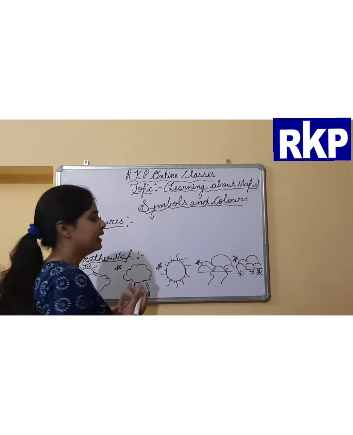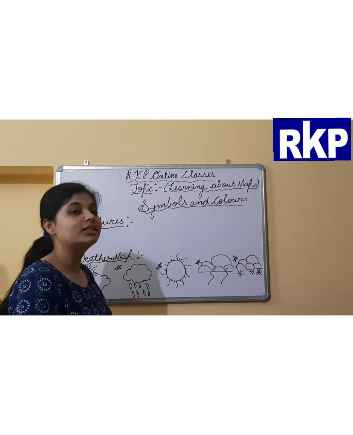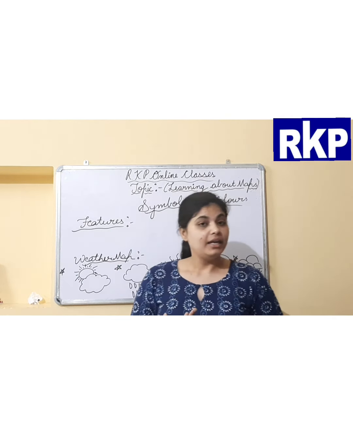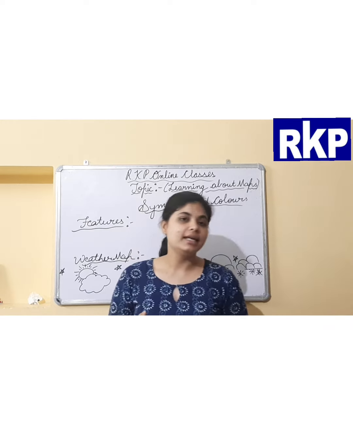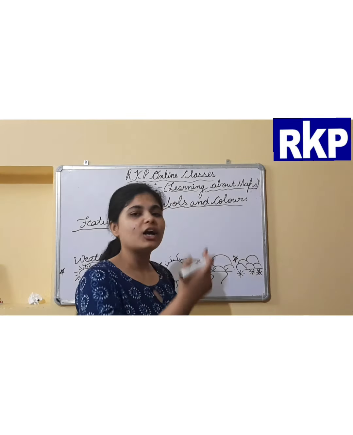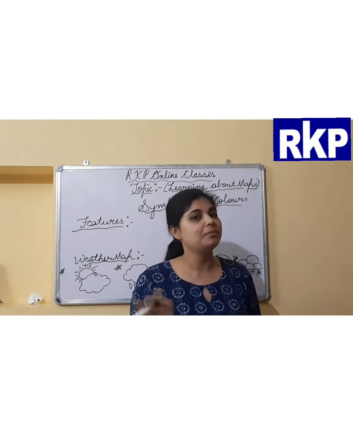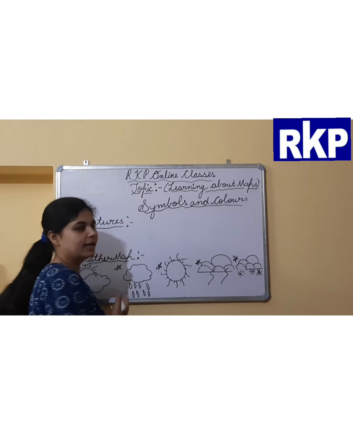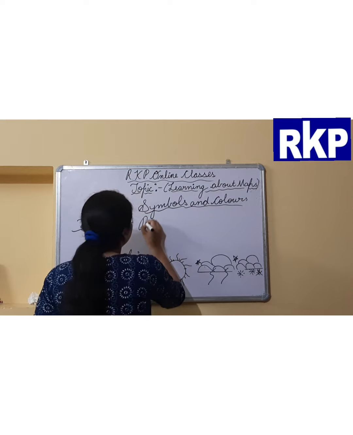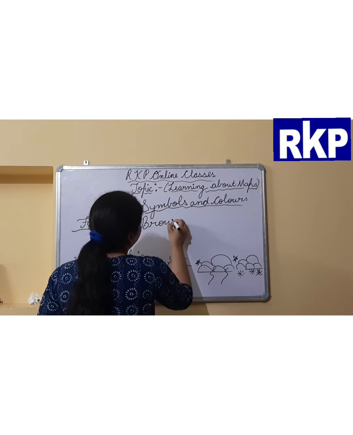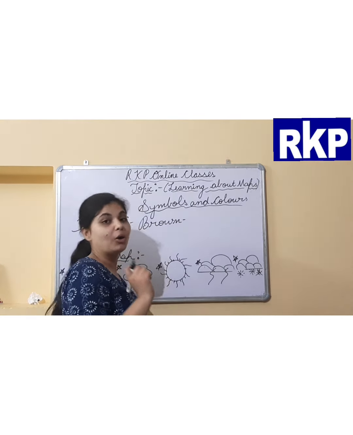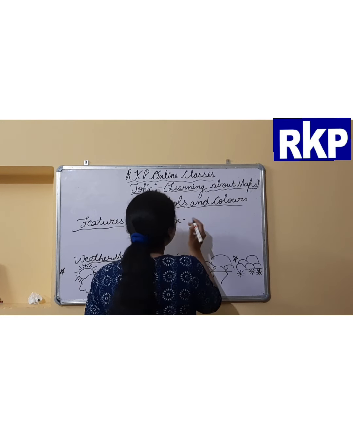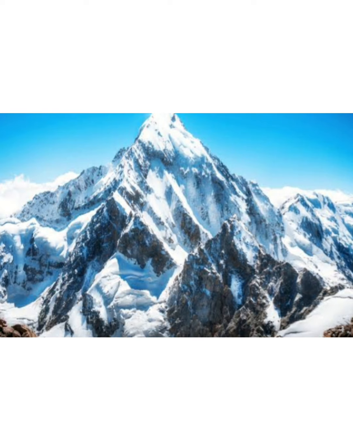In order to show the different features of the earth like mountains, plains, plateaus, desert areas, etc. Let's take an example. The brown color on the map represents mountains, hilly areas and plateaus.